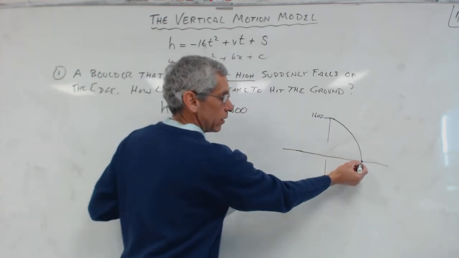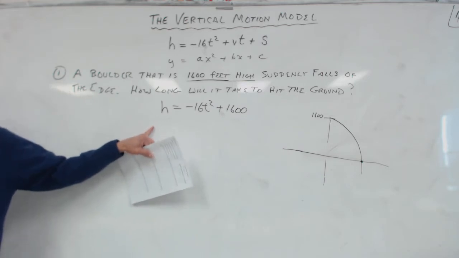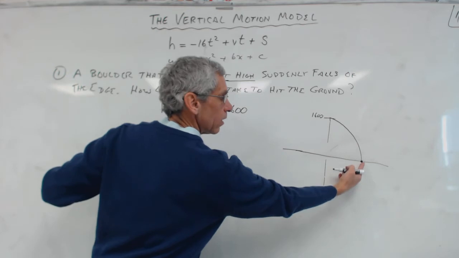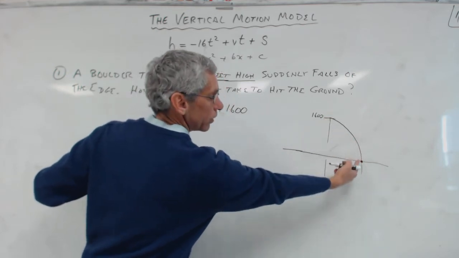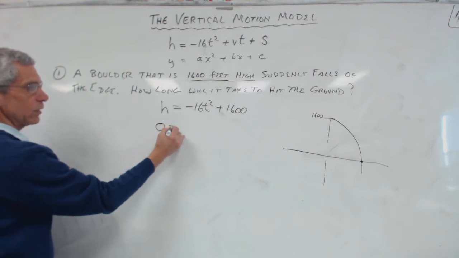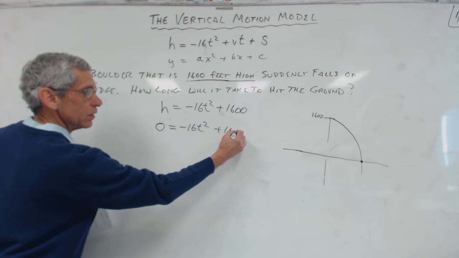And what is the height right here? 0. They're asking us to find the zeros. Does that make sense? They're asking us to find when the height of the boulder is 0, when it's on the ground. So 0 equals negative 16t squared plus 1,600.